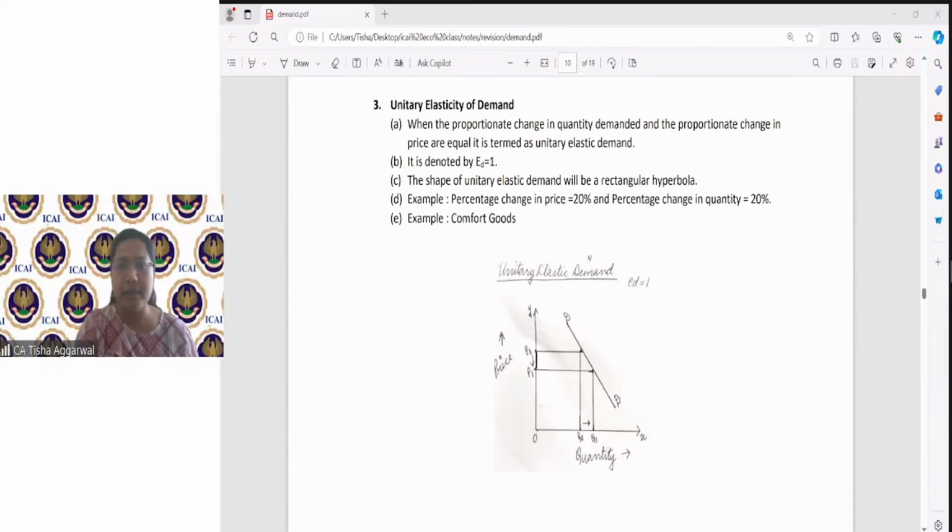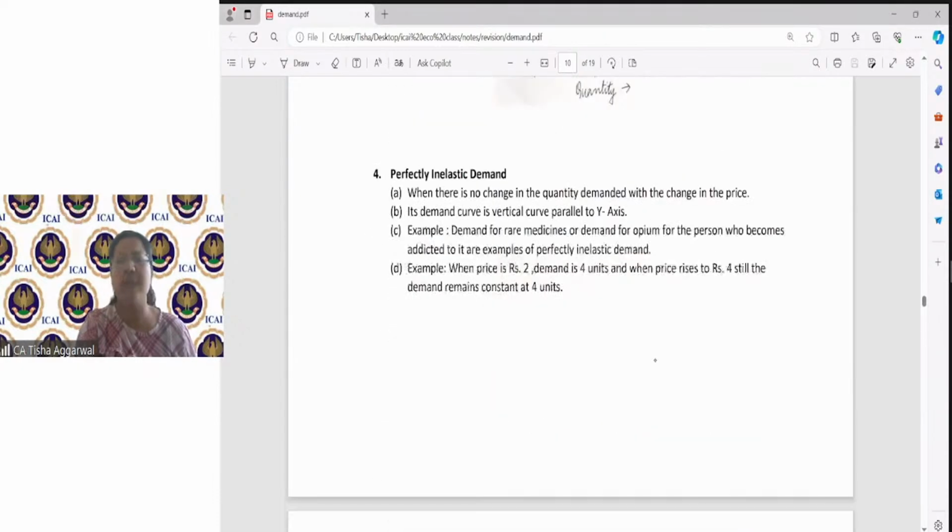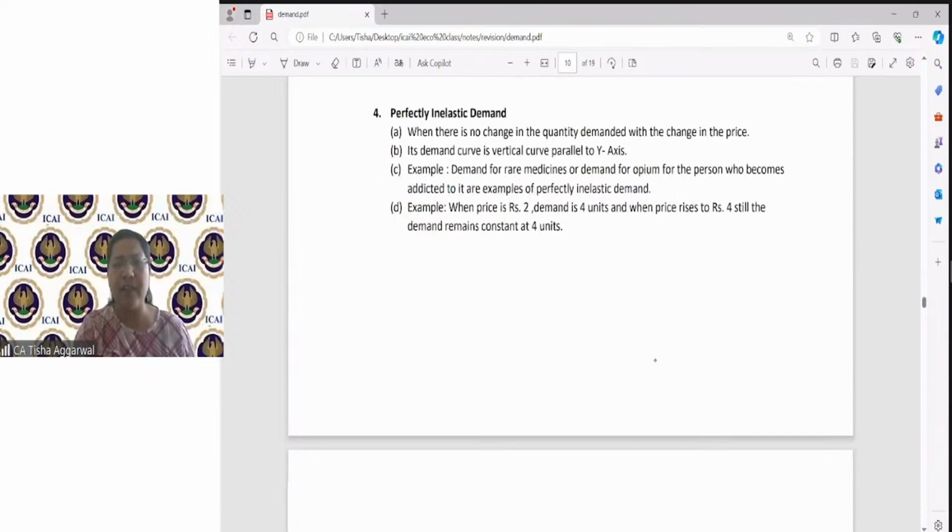Next, after the unitary elastic, is the perfectly inelastic demand. When I talk about perfectly inelastic demand, there is no change in the quantity demanded.